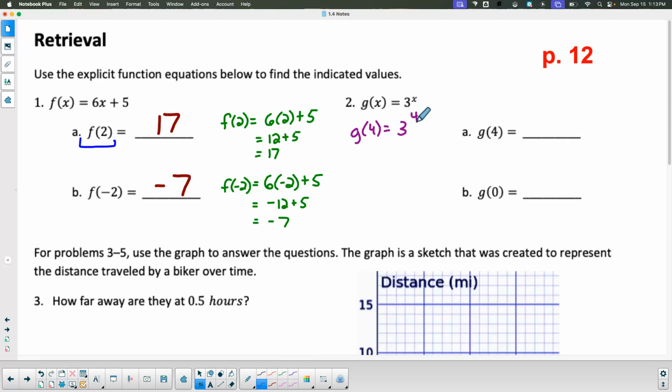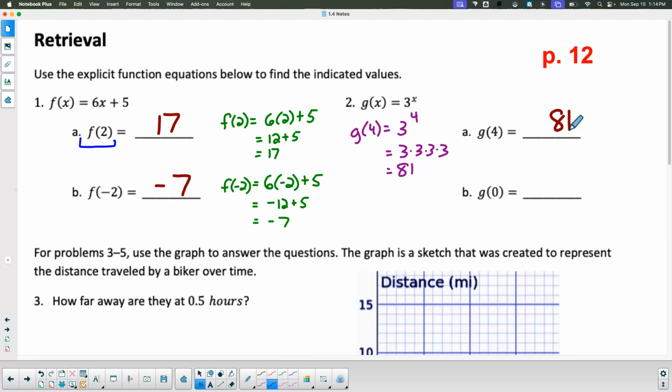So 3 times, multiplying 3 by itself 4 times, right? 3 times 3 is 9, times 3 is 27, times 3 is 81. Okay, so this is going to be 81.